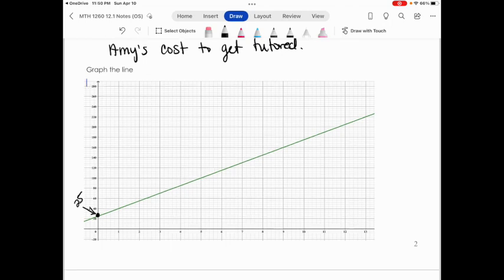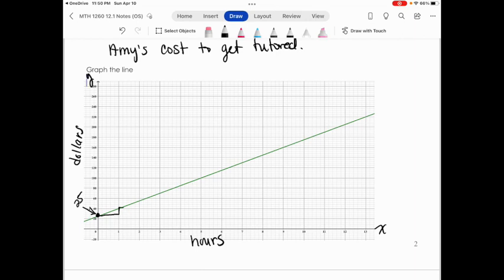And then we can connect the points with a line. So my slope is for every hour, and our x is our hours. So I'll put hours here. This is our y, which is our dollars. Here's our y-axis. Here's our x-axis. For every hour, it's going to go up $15. So if I come over 1 hour, I'm going to go up 15.